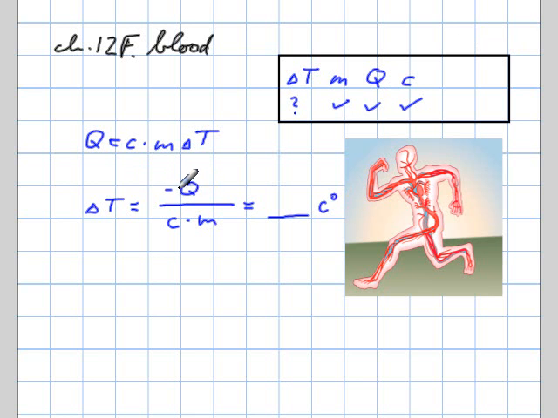So Q is given as negative 2000, so we come up with a negative temperature difference, and then we add to that the original 37.0 Celsius degrees, and as we do that, we come up then with plus something, and that's going to be in Celsius degrees as well. And I can just tell you it's a little bit less than 1 degree Celsius.